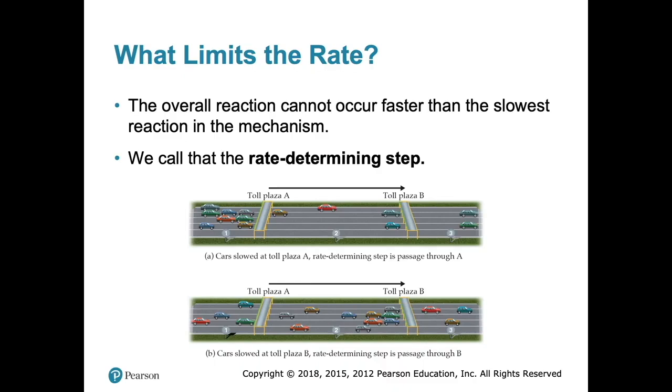They're going to be slow getting into toll plaza B, right? Whereas if the cars are slowed at toll plaza B, the rate determining step is going to be at toll plaza B. So it really is like a bottleneck. You can't go any faster in the reaction if there's a step that slows everything down, okay?